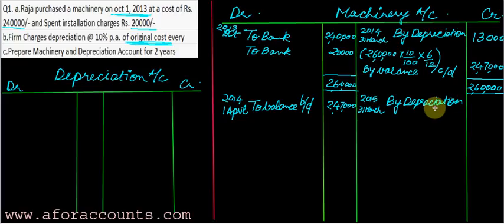How much will be the depreciation? 2,60,000 is the amount, because on original cost, the original cost is my 2,60,000 into 10%. So it comes to 26,000.